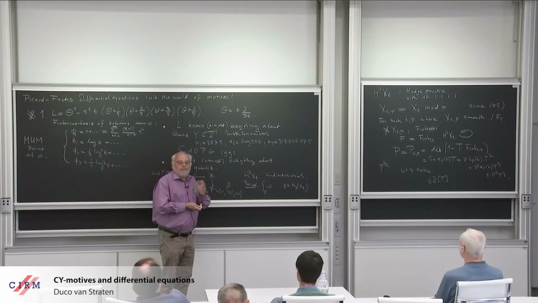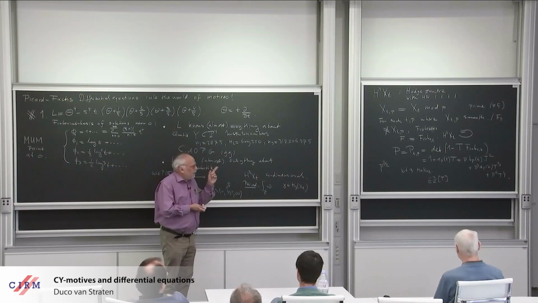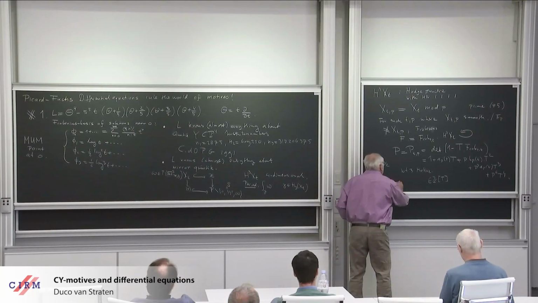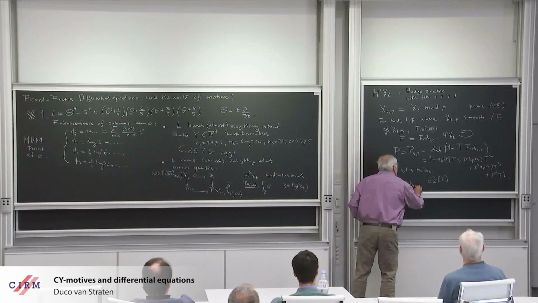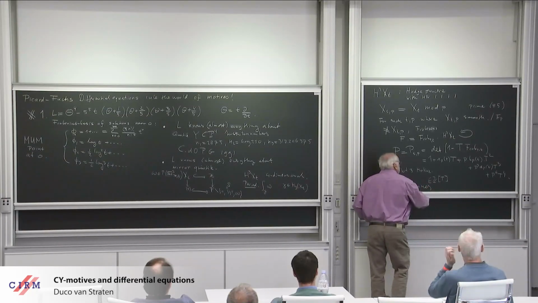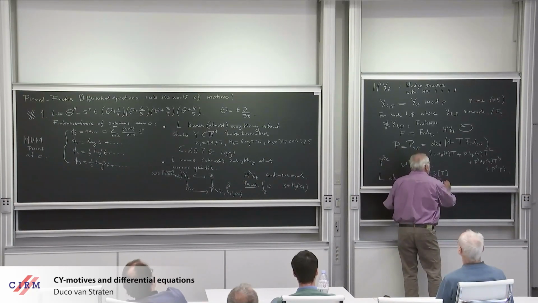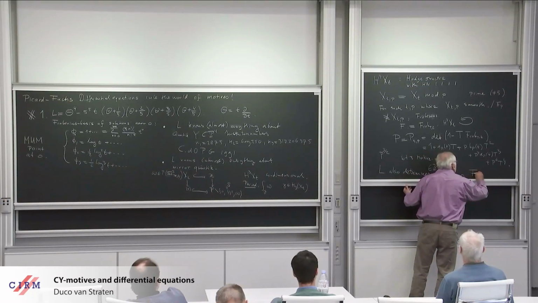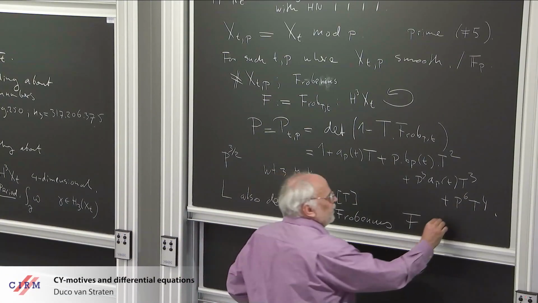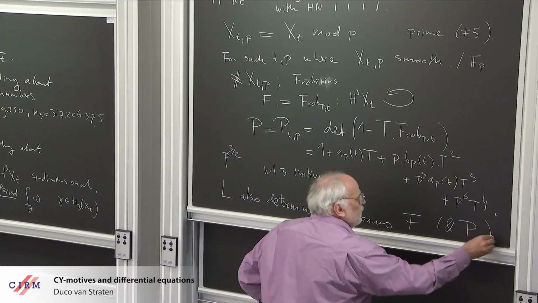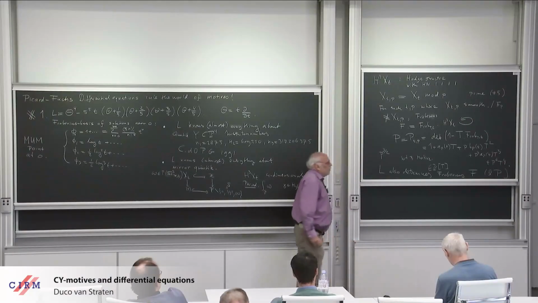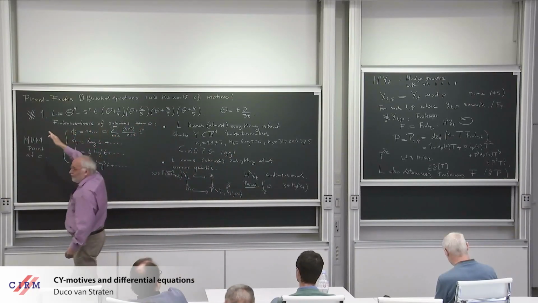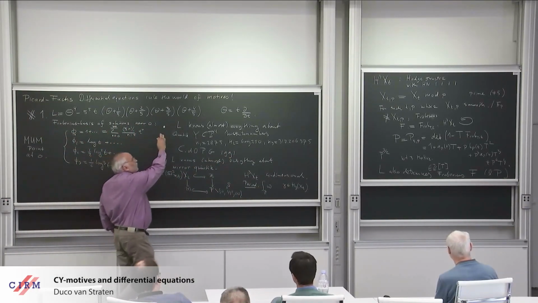But there is sort of a p-adic analog, and now the claim is L also determines the Frobenius F and its characteristic polynomial, and thus P. So the differential equation, the Picard-Fuchs differential equation, rules the world of the motifs.